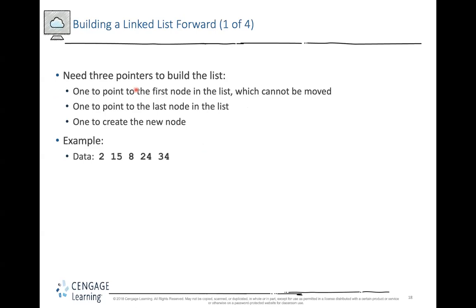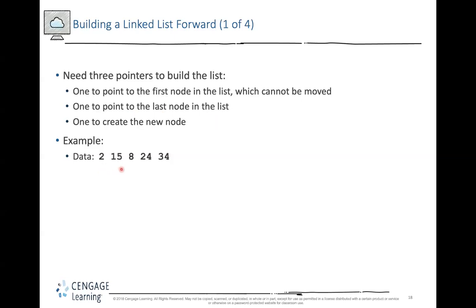One points to the first node, and since we're building forward, this pointer is not going to change. Another is going to point to the very last node, so that we can insert a new node efficiently without traversing the whole list, because we remember the last node. And then we'll have another pointer that's used to create a new node.